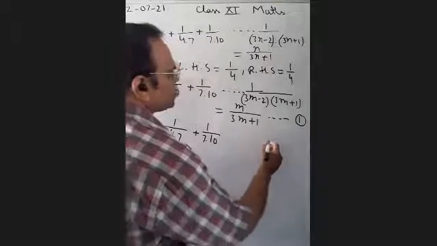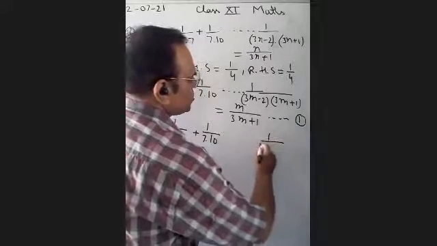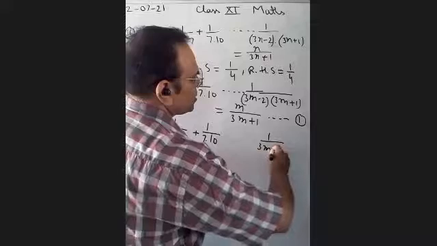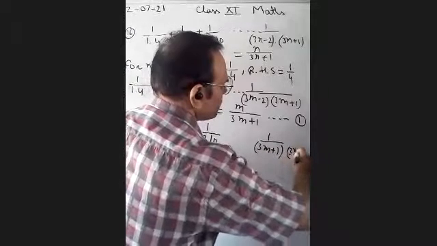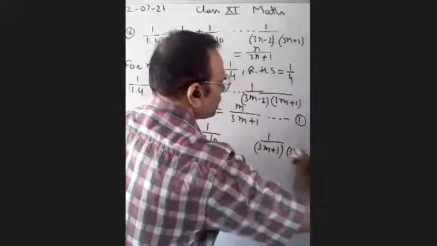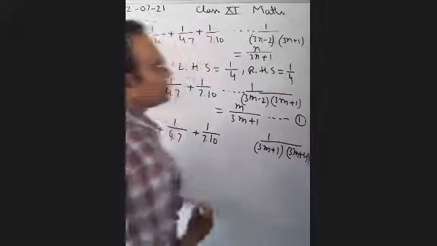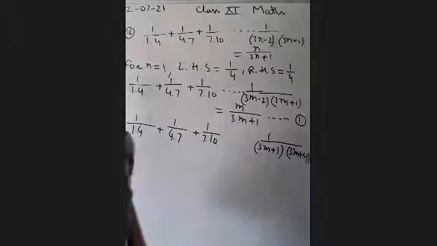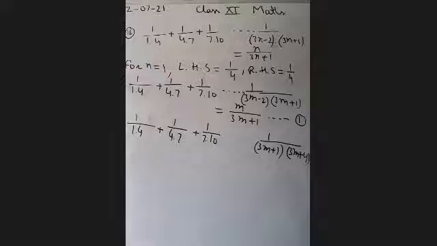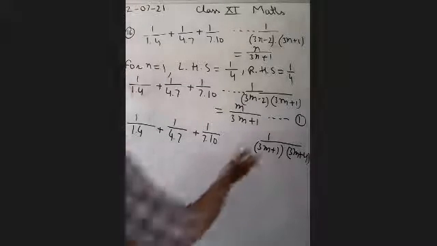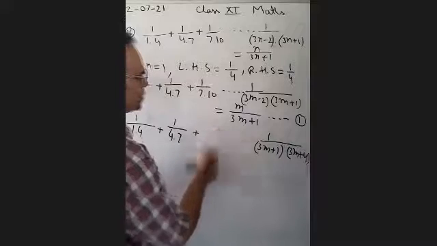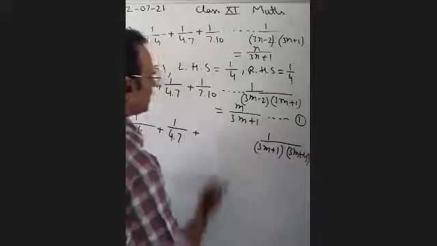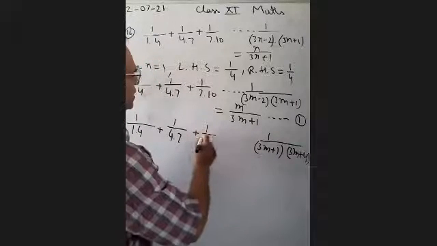It will be equal to 1 upon 3m plus 1 or 3m plus 4, ठीक है, 3m plus 1 और 3m plus 4. Before this term, if you want to write, before this term will be, चलो अभी अब we are writing only this term only, 1 upon 7 into 10.